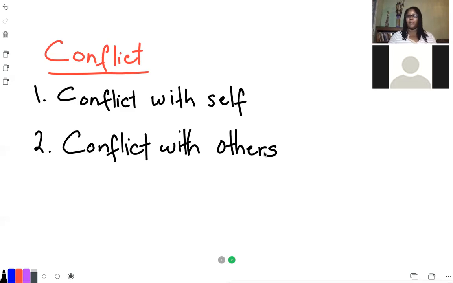So you have one character who wants to go to a play, another character doesn't want to go, and they are having that bit of a challenge back and forth between each other or among themselves, depending on the number of characters that you have.